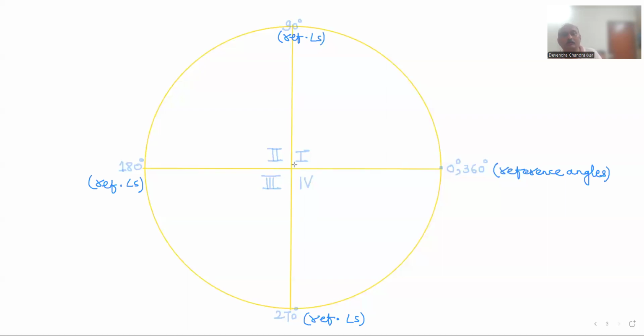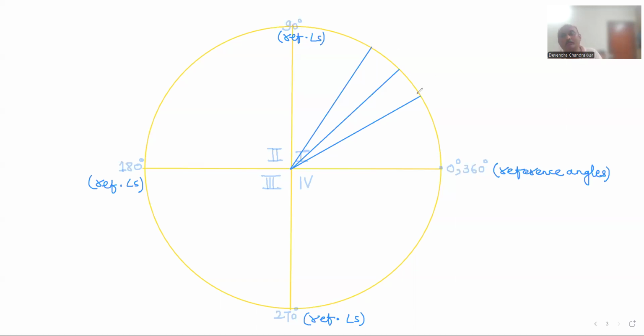Now comes the standard angles of the first quadrant. There are certain angles which are dealt with very frequently while studying trigonometry.